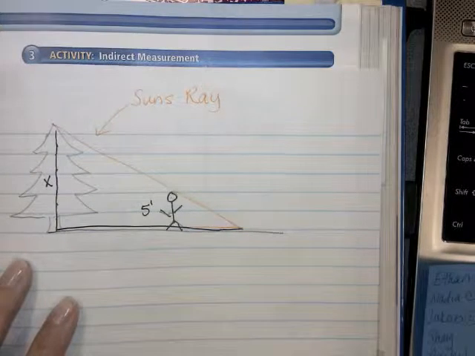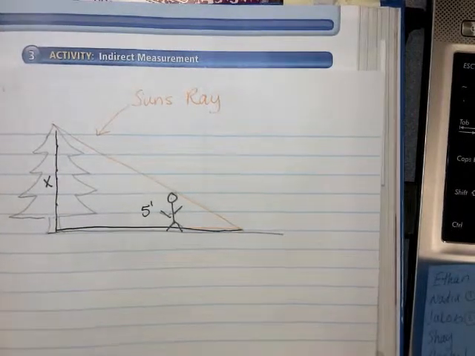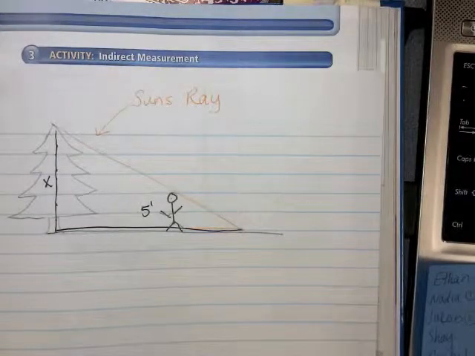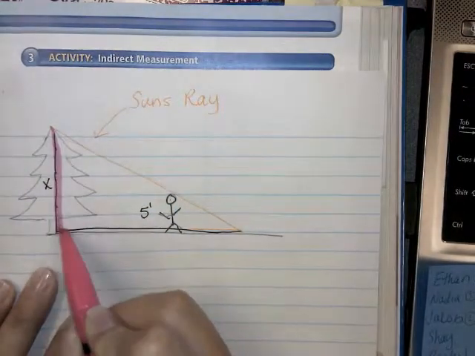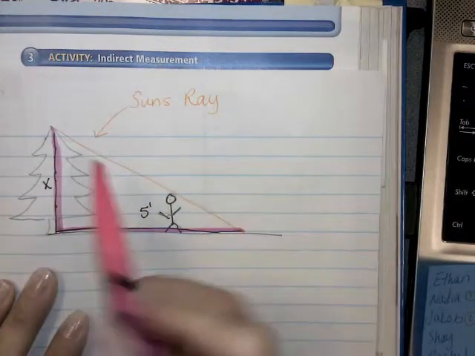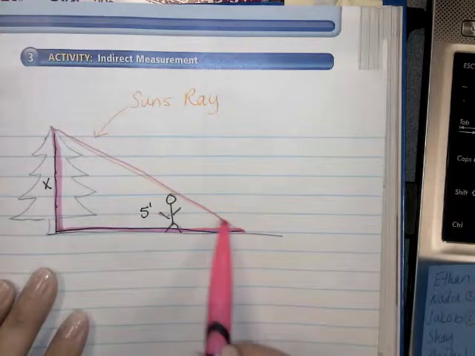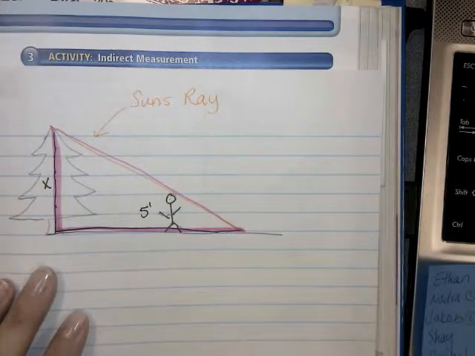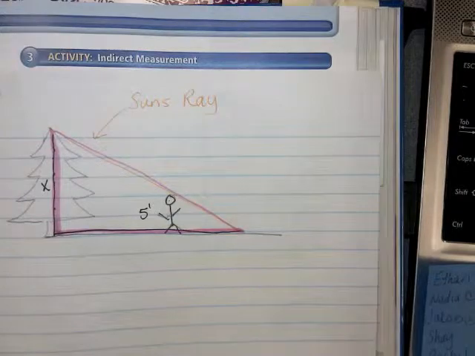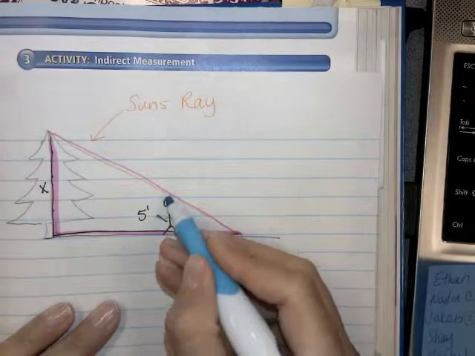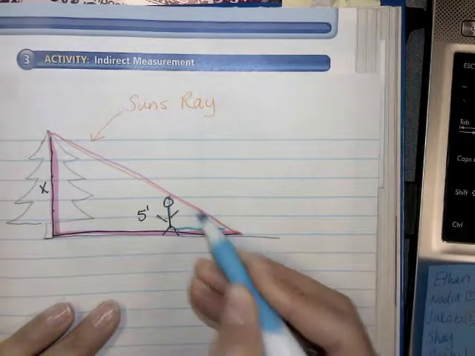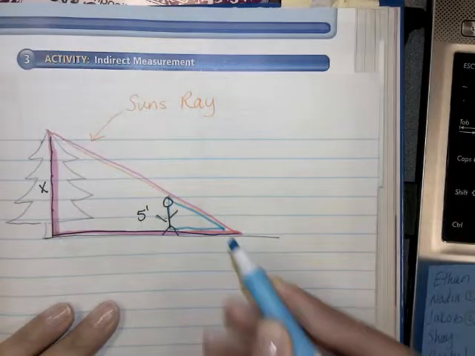Now, looking at these, I'm going to use a highlighter because I can see two different triangles. I can see the height of the tree, its shadow, and the sun's ray. The person, on the other hand, I can see they have their height, their shadow, and also the sun's ray.